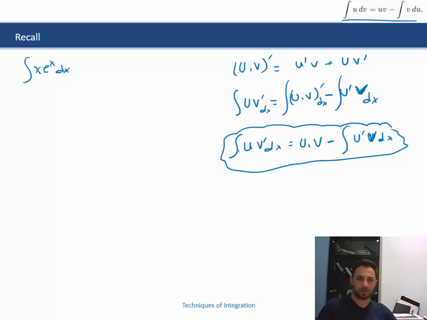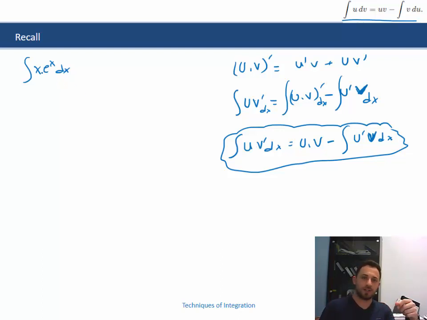Now how could we make the choice whether x is u or v'? Always choose the part v' carefully, because v' is going to be integrated to get v. So choose the simpler one, and by simpler I mean the one that gives you the minimum change.